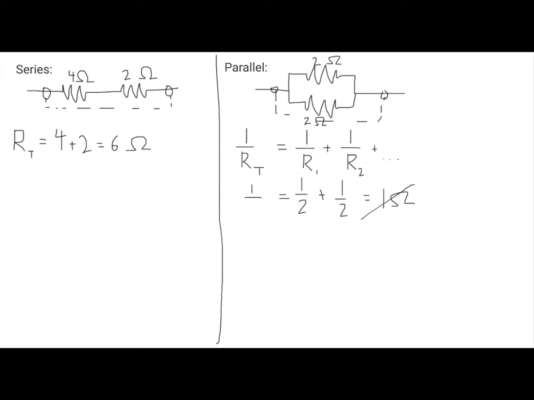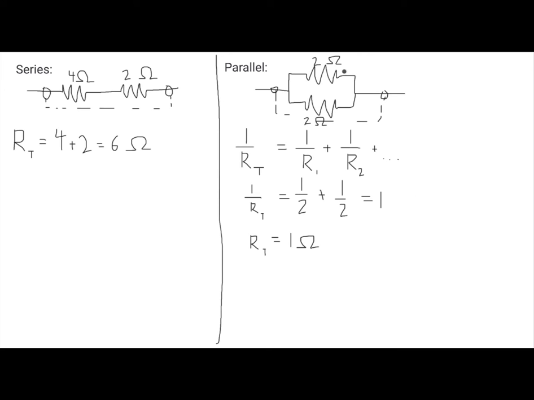In this case, it works out that since the inverse of the resistance is equal to 1, and the inverse of 1 is simply just 1, we in fact can write the resistance between both points is equal to 1 ohm.